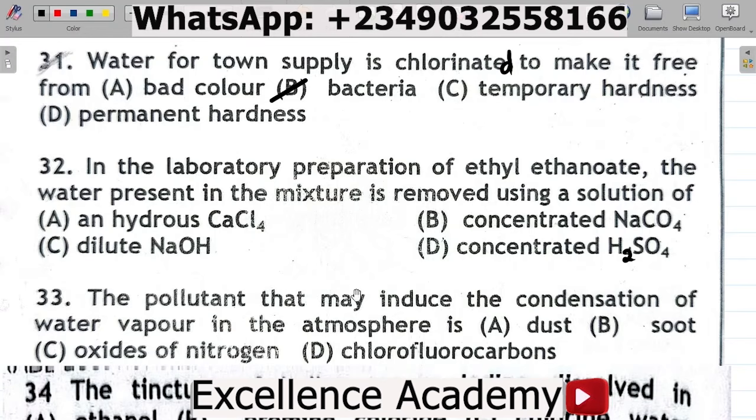So for this question, you want to note that in the preparation of ethyl ethanoate, concentrated H2SO4, that is hydrogen tetraoxosulfate 6, is used to remove the water present since it serves as a dehydrating agent. So the answer here is concentrated hydrogen tetraoxosulfate 6.